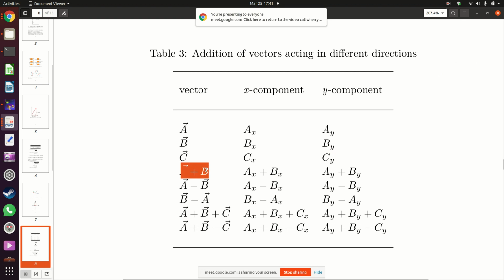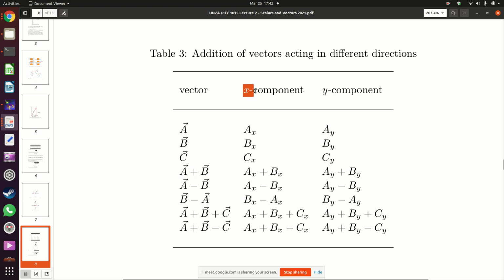So if we are to add the vectors a and b, what we need to ask ourselves is, how much is a plus b going to be along the x-axis, and how much is a plus b going to be along the y-axis? Because that's what we've been asking throughout when you're dealing with components. How much is the vector along the x-axis? How much is the vector along the y-axis?